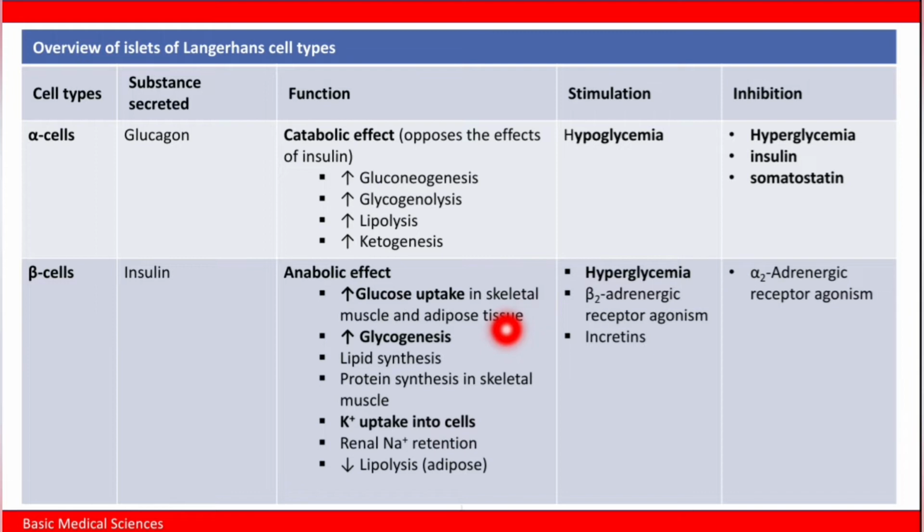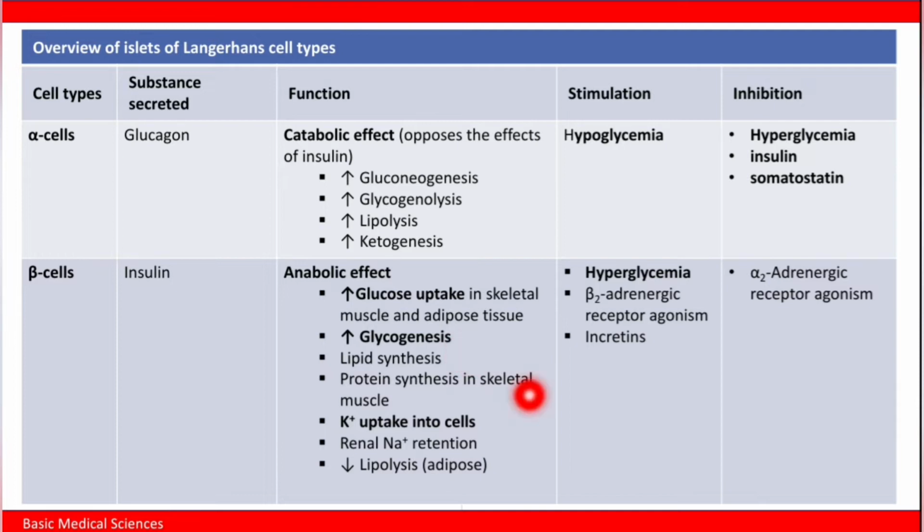So you have a lot of glucose in your blood, you convert it to glycogen, the storage form. It also stimulates lipid synthesis, protein synthesis in the skeletal muscles, potassium uptake into the cells, renal sodium retention, and it decreases lipolysis in the adipose cells.